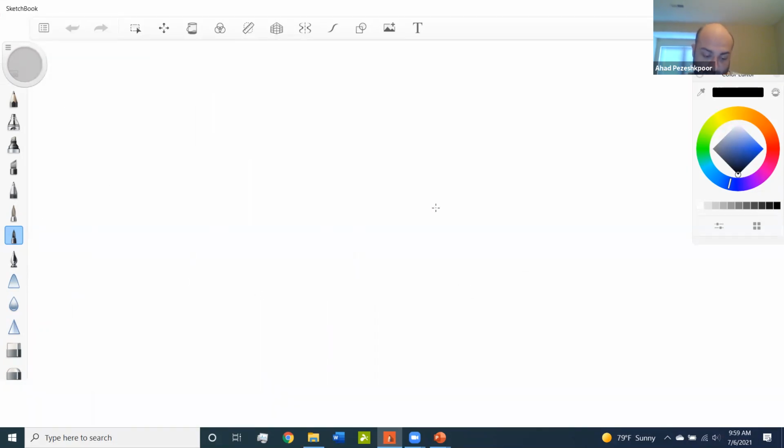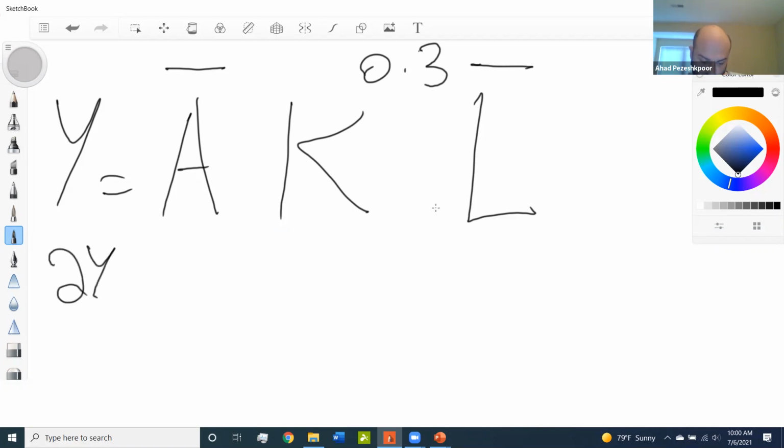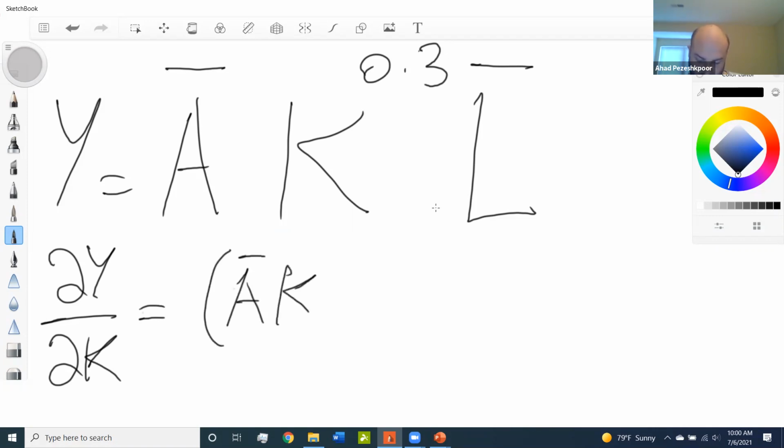Now let's talk about a Cobb-Douglas production function. You have A bar, which is the constant technology. This is just a number. It doesn't change. You have K to the power 0.3 multiplied by, again, L bar. This also is a number, just a constant. If you want to take the derivative, those constants will be left as a multiplier.